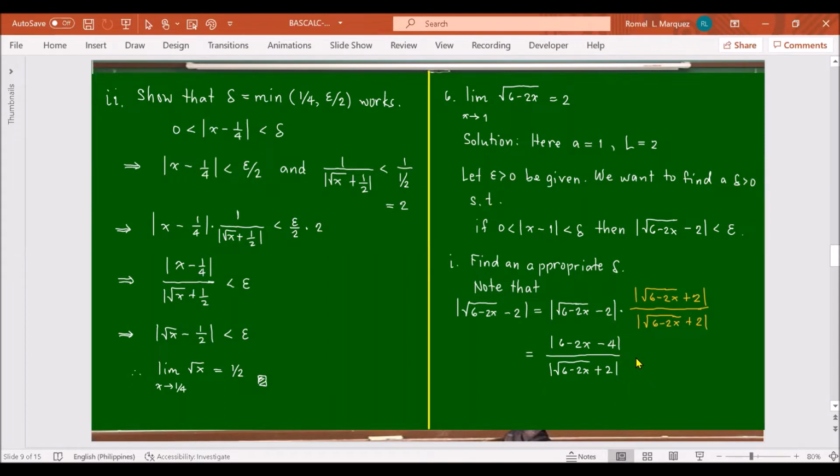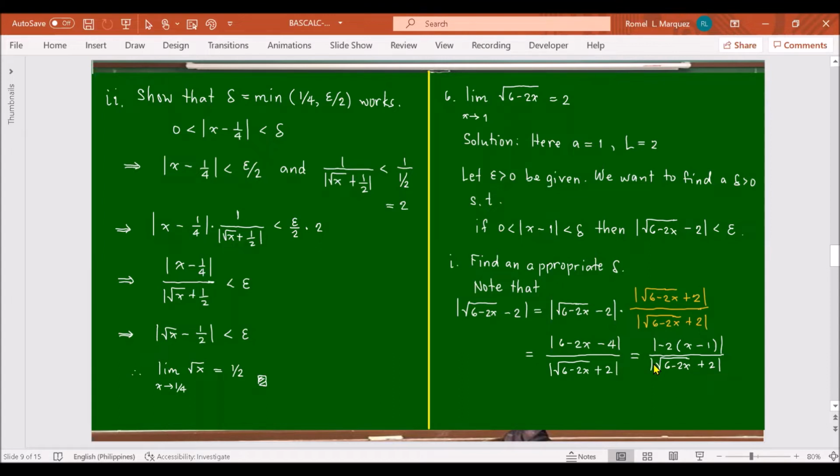But this is equal to abs of negative 2x minus 1. Let's check. Negative 2x, so we have here negative 2, negative 1. That is positive 2. 6 minus 4 is positive 2. All over abs of square root of 6 minus 2x plus 2.